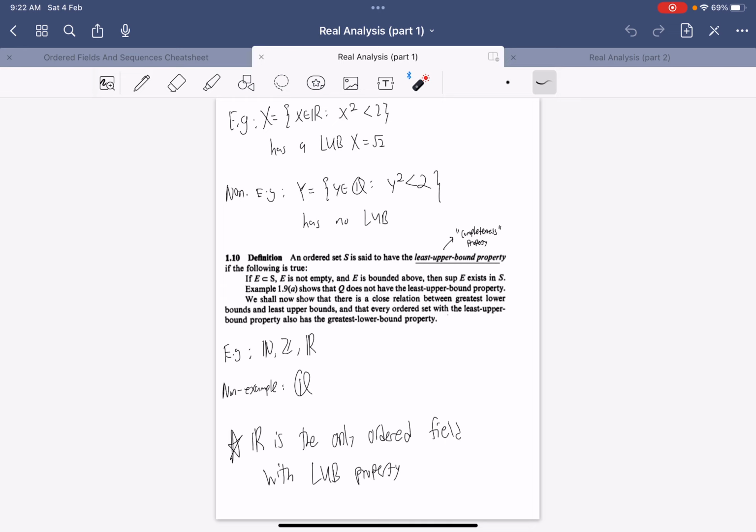And because of that, we can also see that for the integers, when bounded above, any subset has a least upper bound. And what we have defined earlier and described, the real numbers is a complete ordered field. And so the real numbers, of course, has this least upper bound property. And lastly, one non-example will of course be the rational numbers, because we can take this subset and see it doesn't have a least upper bound.